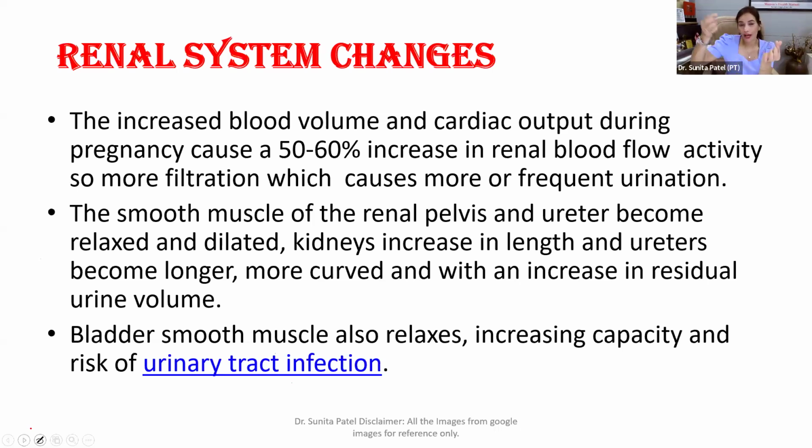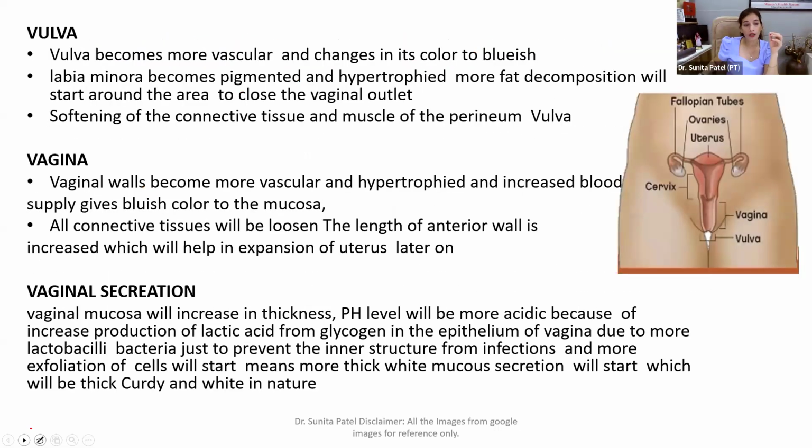These will start getting dilated, so they will be bigger in width as well as in length. So the ureters will increase in size, width, length, as well as dilation, and will be more relaxed. So as soon as the kidneys do the filtration, the urine will move downward through the ureters. And these ureters will also become curved. Let me show you.